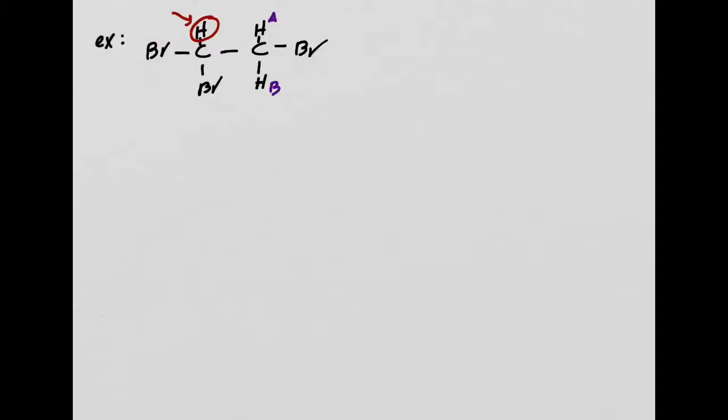So the adjacent carbon has two hydrogens, right? By the N+1 rule, 2 plus 1 is 3. So what do I expect? I expect a triplet.